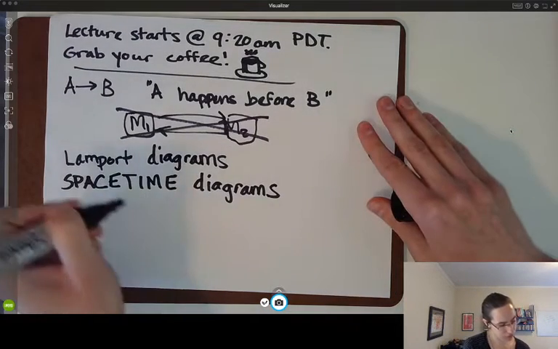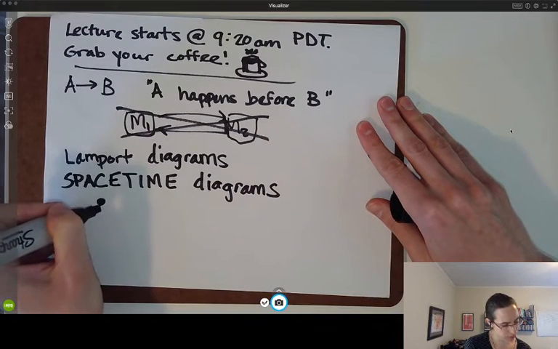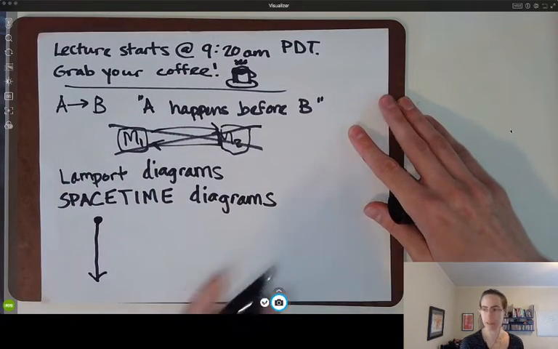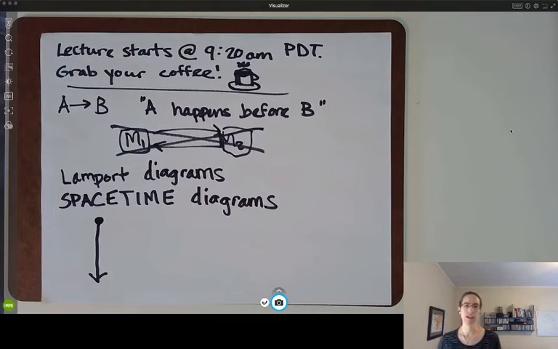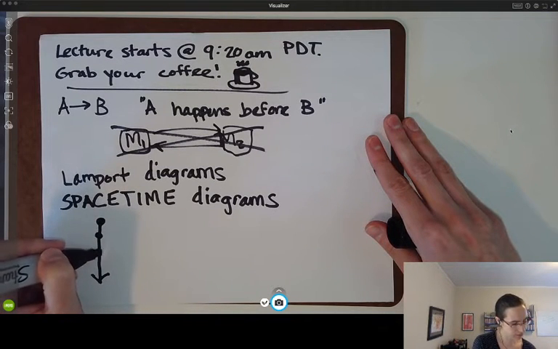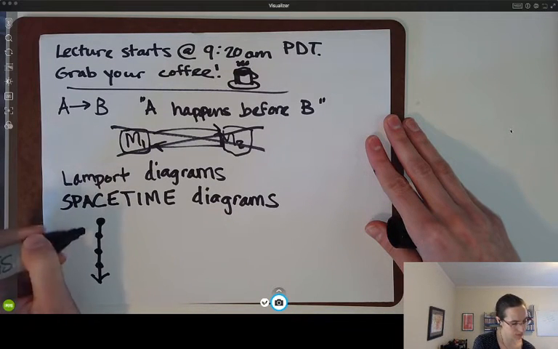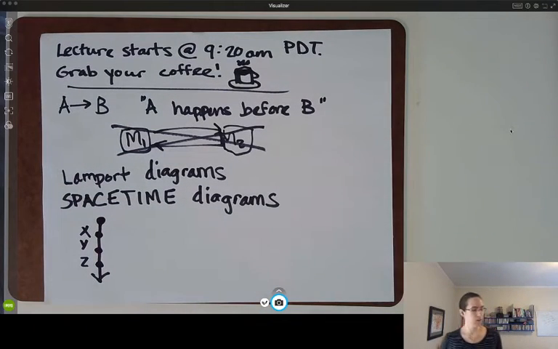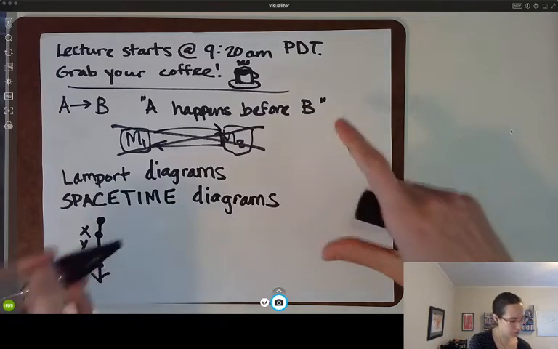A process is just a line with a discrete beginning that goes on forever, and events are going to be dots on the line. So let's think of this line as representing a process, and these dots as representing events on the line, and time goes this way.